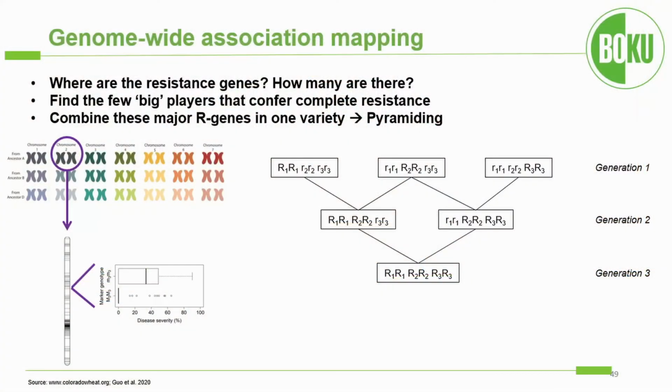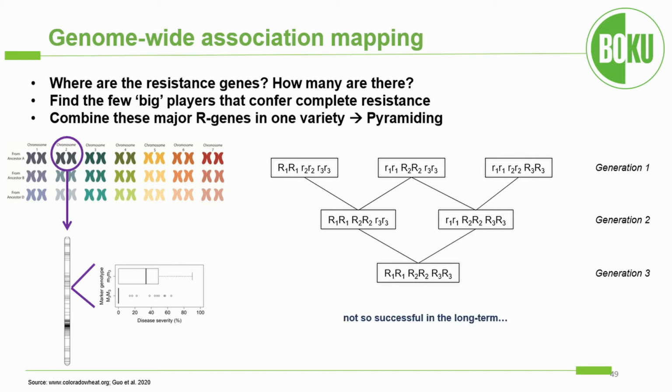So we cross them, and in generation 2 we have progeny which already combines 2 of these resistance alleles, and then we cross again and select the progeny which combines all 3 resistance genes in one variety. Of course, it looks very simple here, but there's a lot of effort behind it and many years of work until you get such a variety which really combines multiple resistance genes.